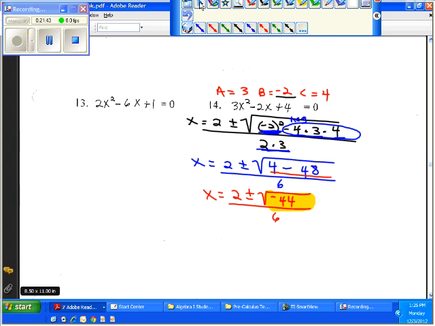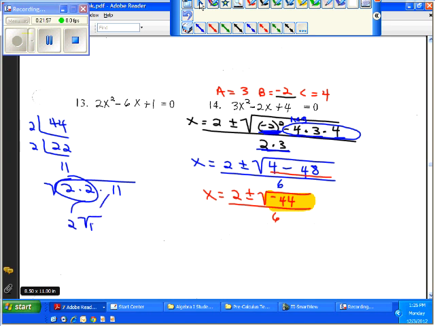We have to fix the radical. You've got the 44 divided by 2 is 22, divided by 2 is 11. So you would have a pair of 2's and an 11. From the pair of 2's, you'd pop out a 2. The 11 would go back in, and you'd have 2 square roots of 11. But what about the negative?